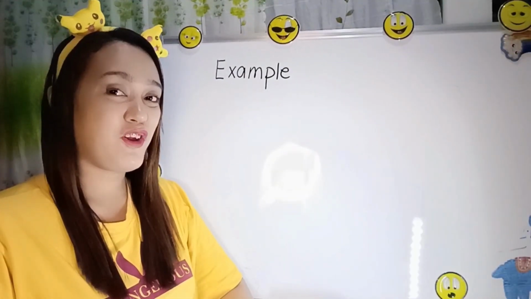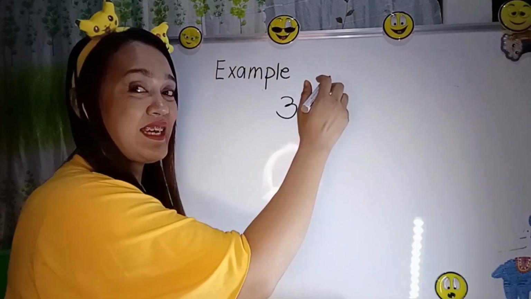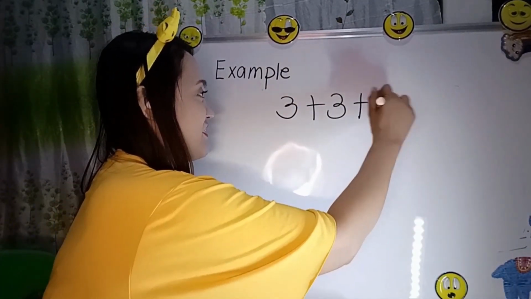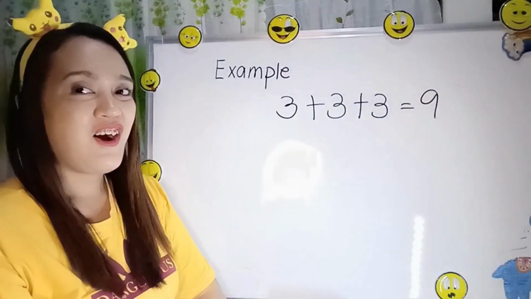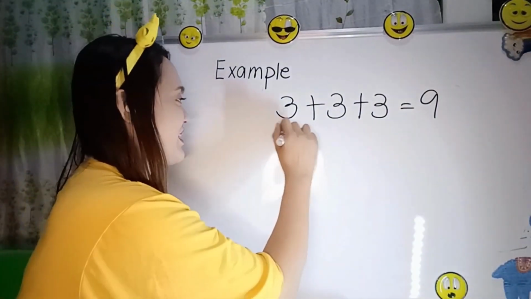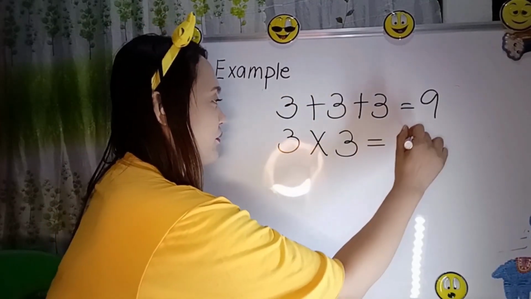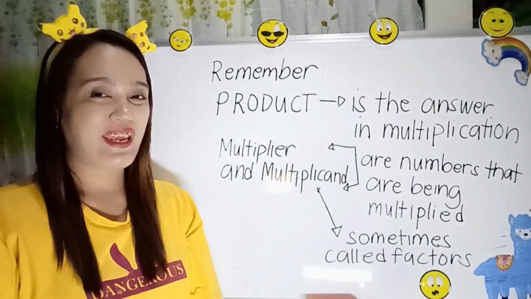Another example of addition problem is 3 plus 3 plus 3 is equal to 9. Or we can write it as 3 times 3 is equal to 9. Now we know multiplying numbers.